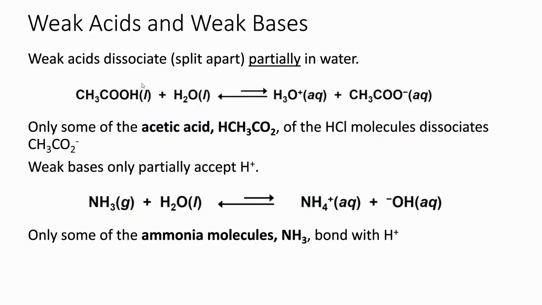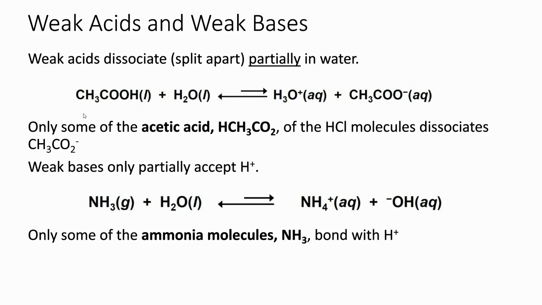If we have a weak acid or a weak base, then those only partially split apart. So we still have some of this original acid floating around. We get some of the conjugate base and some of the conjugate acid, but we still also have some of the original acid.